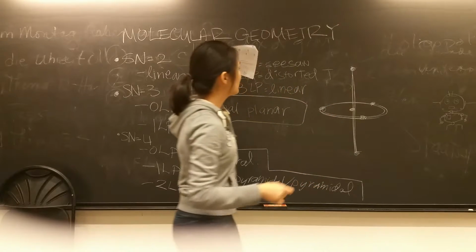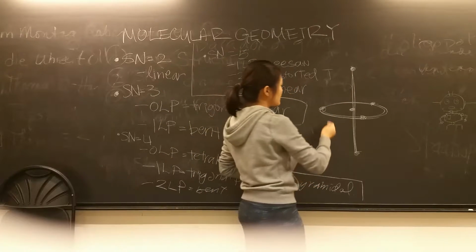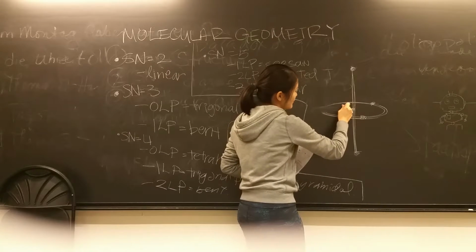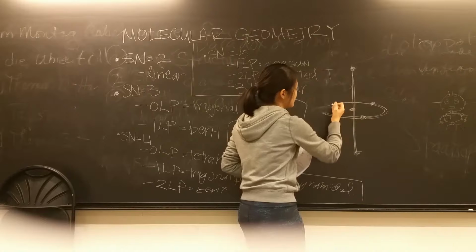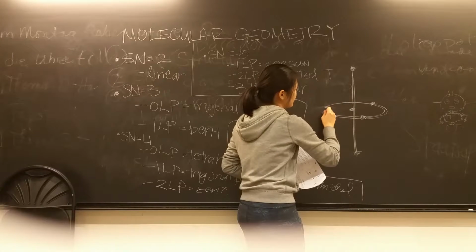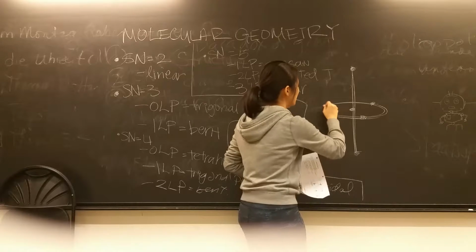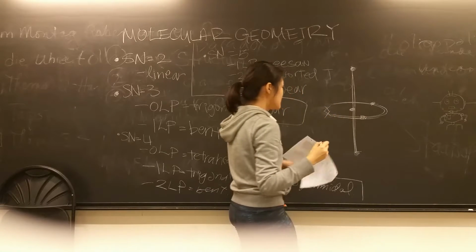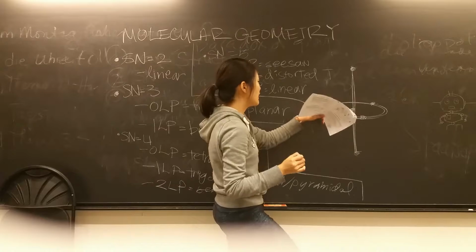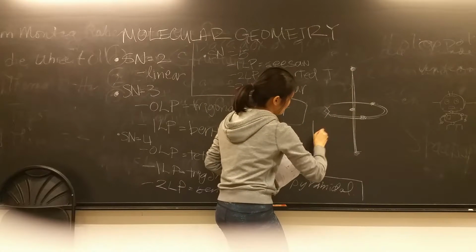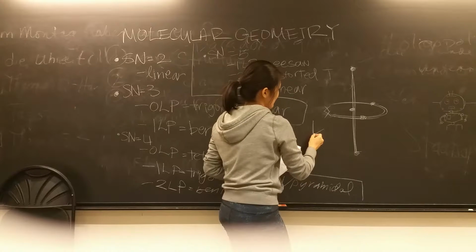So if you have one lone pair, we know that it's going to replace this first, right? Just put X's. So if you have something like this, then the molecule is going to look something like that, right?